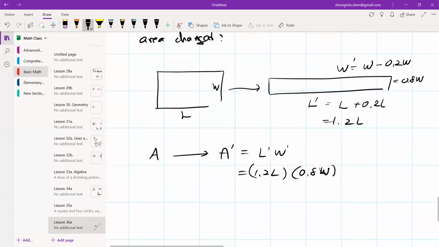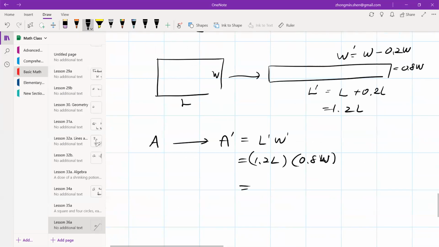So let's do the multiplication. 1.2 times 0.8 is going to be 0.96 LW, right? LW is the original area. So the new area A prime is going to be 0.96 A. So what does that mean?